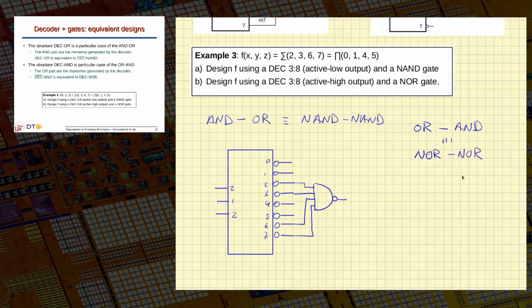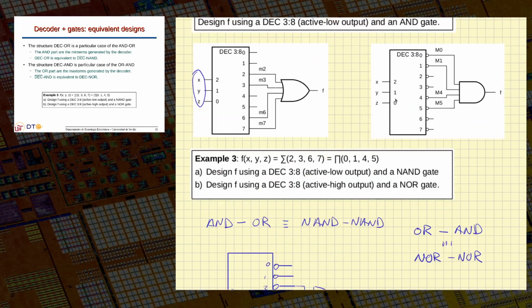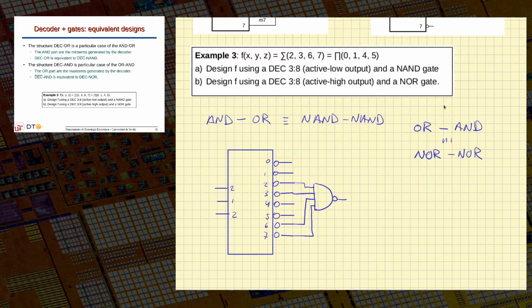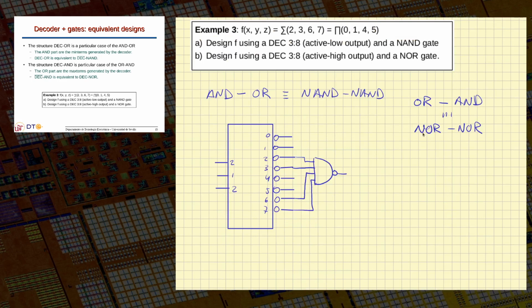So if the active low decoder gives us the maxterms, the active high decoder gives us the maxterms complemented, because the output is the opposite of that. So in this case we think about this design, but I make that substitution. I complement that decoder, so I go back to the active high decoder and I exchange the AND output for a NOR output, so I can keep using the same numbers in the output. It will be simply something like this.